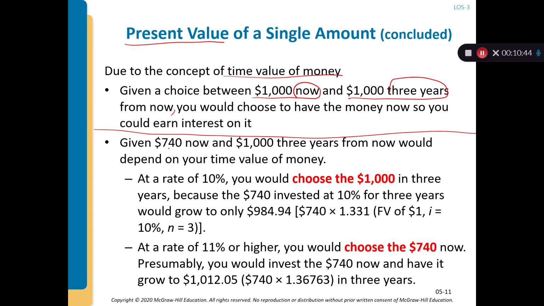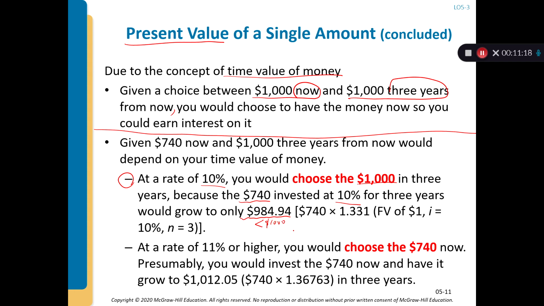Okay, so if that's not clear enough, let's look at the question. If I give you $740 now, or you choose $1,000 in the future, which one would you choose? That's a great question. That's actually depending on the rate of return or interest rate. So if the interest rate is given, saying 10%, then I would recommend you choose $1,000 in the future. Because if I use the present value of $740 with 10%, I find that the future value of the $740 only grew to $984, which is less than $1,000.